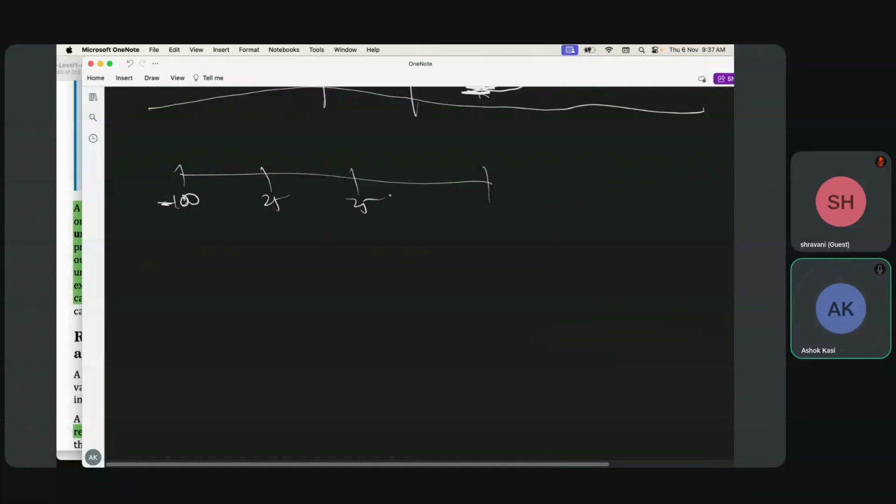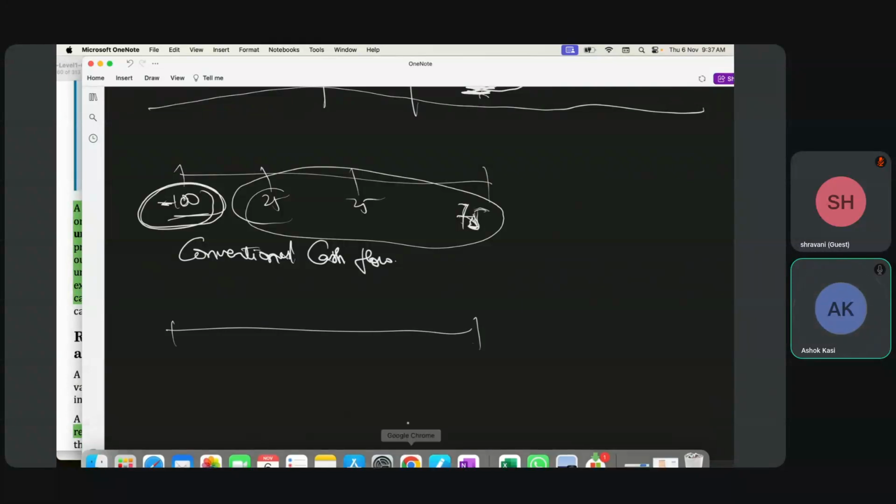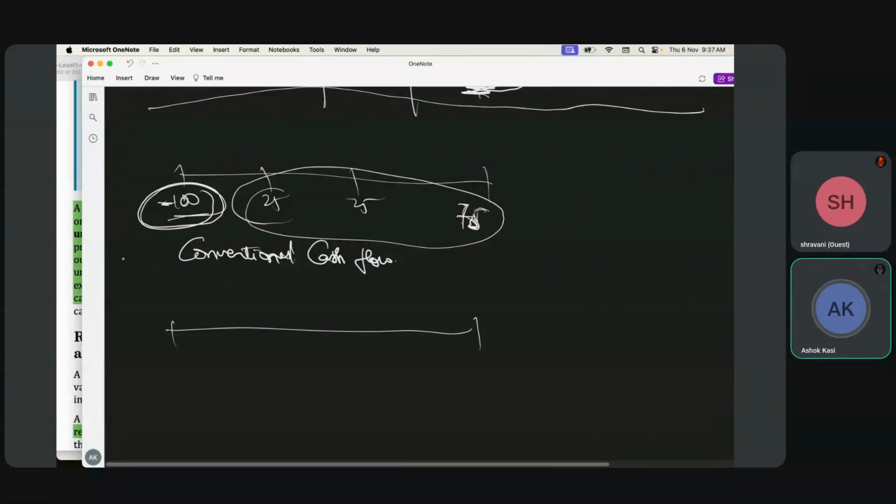See here, sign is changing only once. All the signs did not change here. This is called conventional cash flow. Then unconventional cash flow means the sign is changing multiple times.